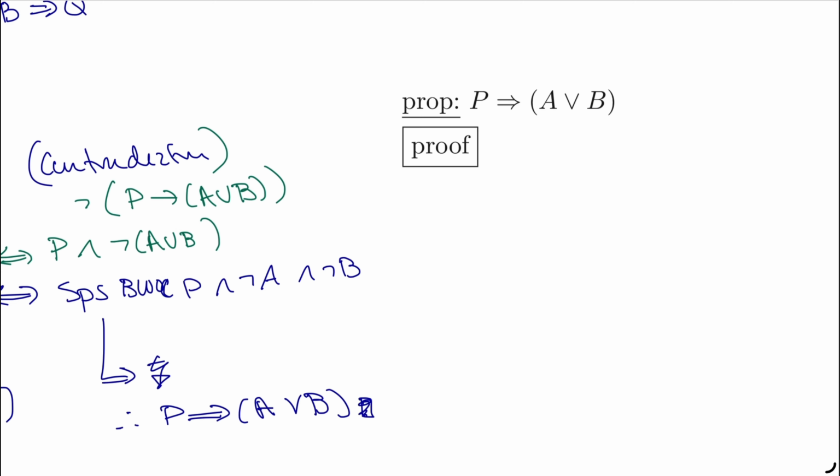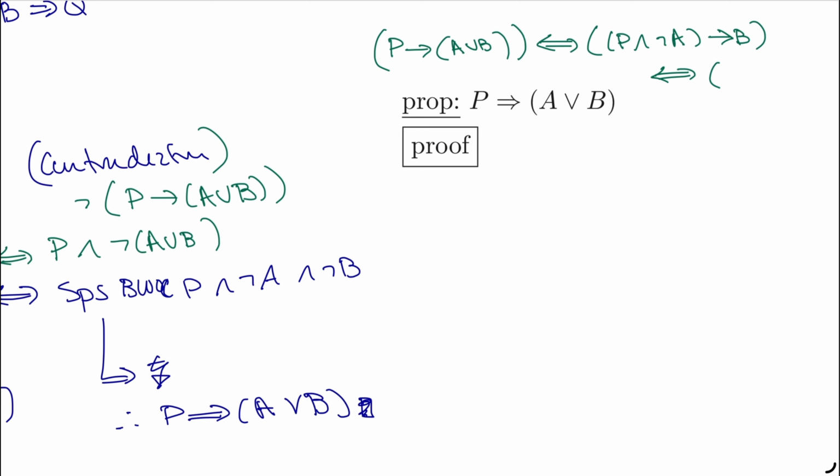Okay. There's one more approach to a statement of the form, some conditional, P implies a disjunction, A or B. And that is based on the logical equivalence of P implies A or B, or if P then A or B, is logically equivalent to the statement P and not A implies B, which is also equivalent to the statement P and not B implies A. So since all these statements are equivalent, you can prove any one you want, and it will prove all three of them.